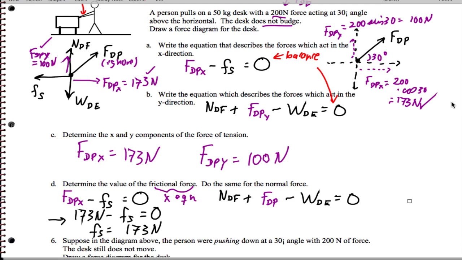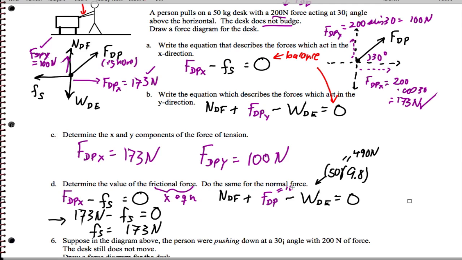So now I'm going to plug in my numbers. I don't know what the normal force is, but I do know the following. For the weight, I put in mg. So I'm told that it's a 50 kilogram desk times 9.8. Let's go ahead and get that. And 50 times 9.8 gives me a 490 Newton desk, because that's just plain old mg. Now the force I'm told here, I calculated it already.